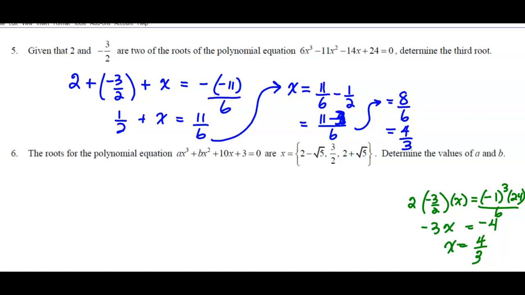This is an example of a question that we've done before, right? We may have been given the roots, not know what A and B, some of the coefficients, are, so we can substitute them in, right? And they should equal 0.